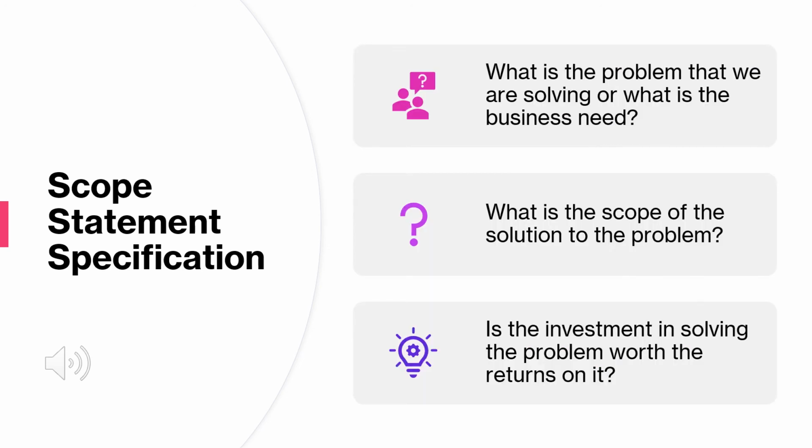That would probably include what the problem is that you're trying to solve, or what's the business need, and what's the scope of the solution of the problem. How big is that solution? And is the investment in solving the problem worth that investment? Will there be an adequate return on that investment?